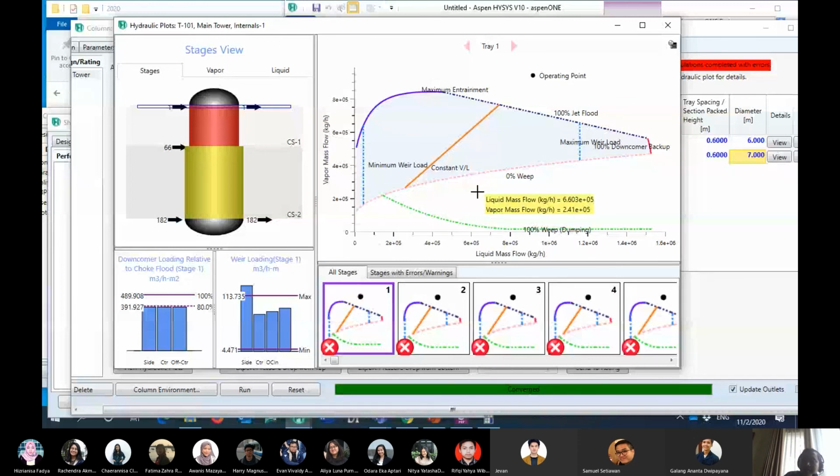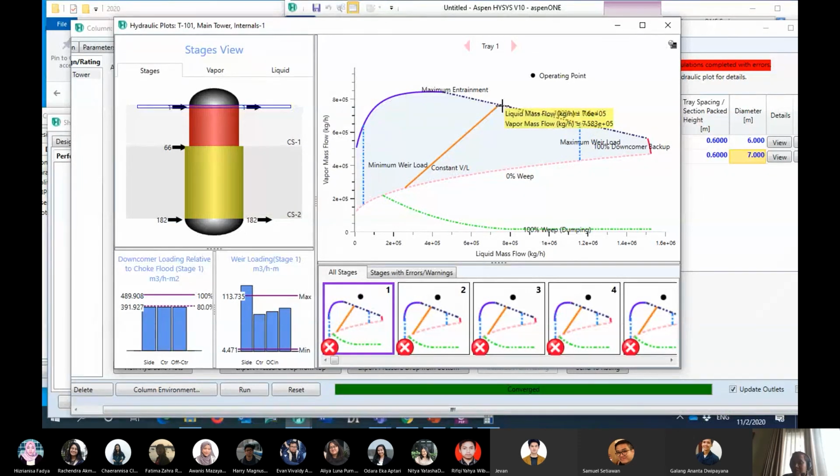How to read this diagram: the orange line is actually your operating line. When you increase or reduce the flow rate, the operating point will follow this line.